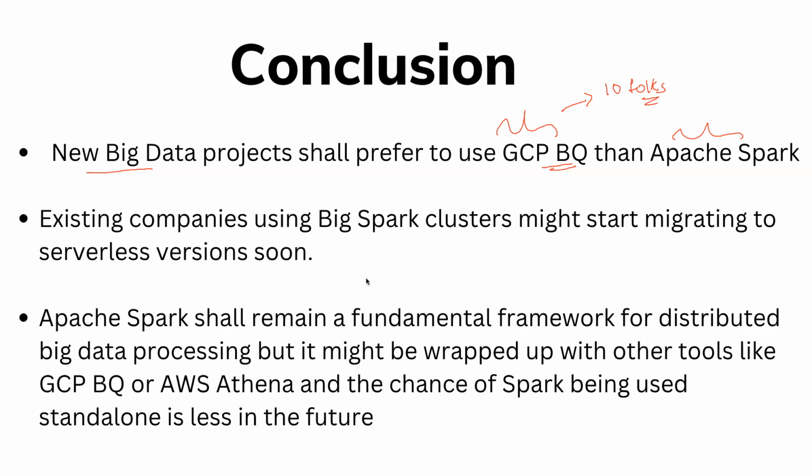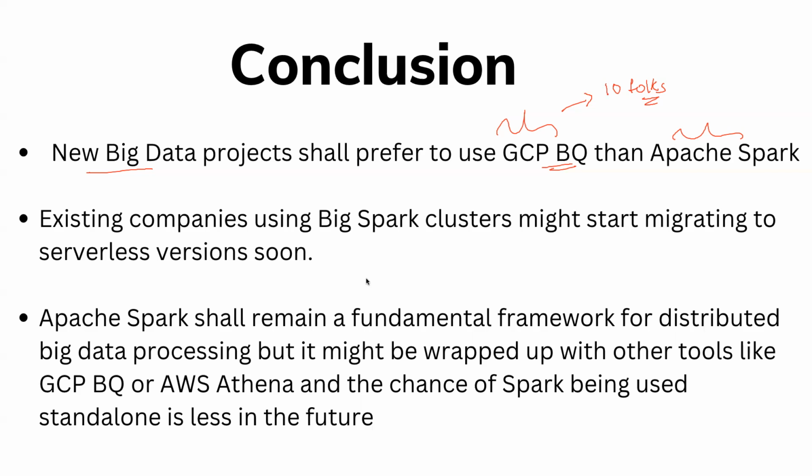The conclusion that I have regarding Apache Spark for, let's say, existing big data engineers is to start focusing on alternative tools because it is getting adapted, and I believe that within 2-3 years, Apache Spark might not be a tool for big data processing in terms of a standalone tool.